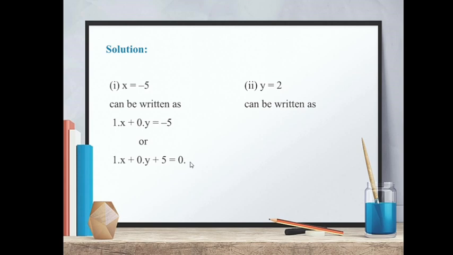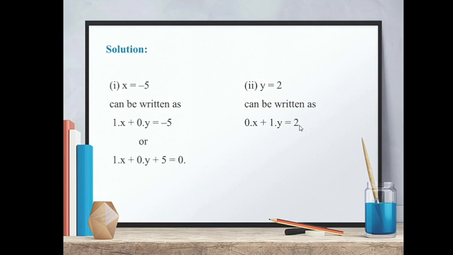Then the second example, y equals 2 can be written as, notice here y equals 2, here also only one variable term is given, so for the other variable term we will take the coefficient as 0, because we want this in the form of a linear equation in two variables. So that is 0x plus 1y equals 2. We write 0x, as x is not given and the coefficient for x we will take as 0, then plus y, that means 1y equals 2.